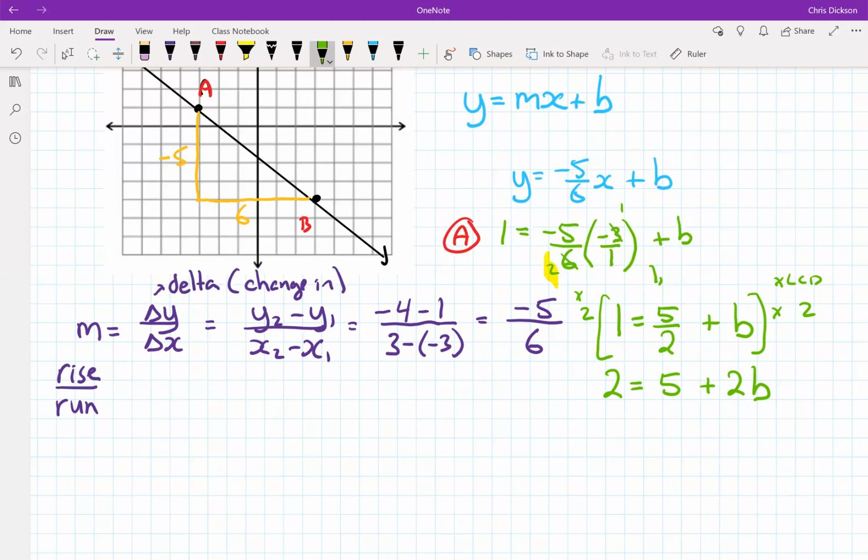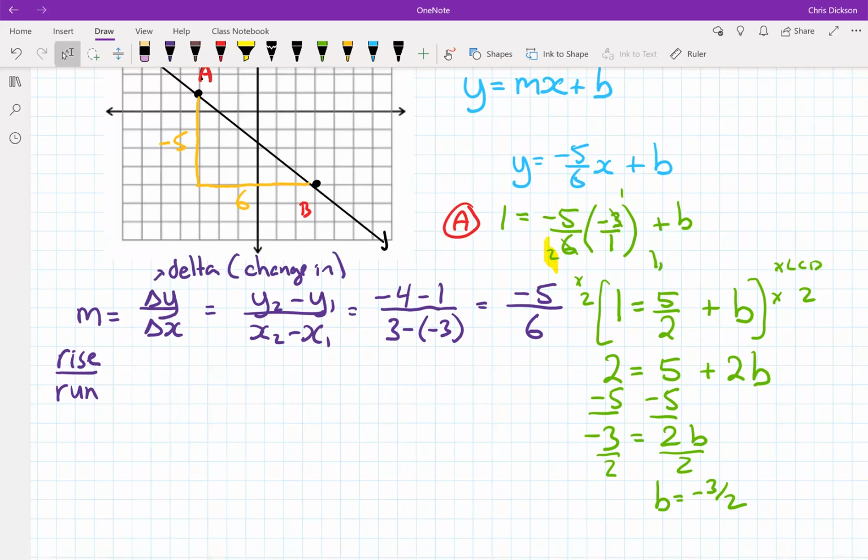Okay, now I bring the 5 over by subtracting 5 from both sides. So that would give me -3 is equal to 2b, and divide by 2. So now I get a b value equal to -3 over 2. So -1.5 approximately. So my drawing's a little bit off because I'm human. But according to the 2 points, the y-intercept should be going through -1.5 here.